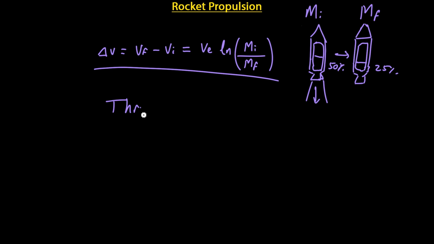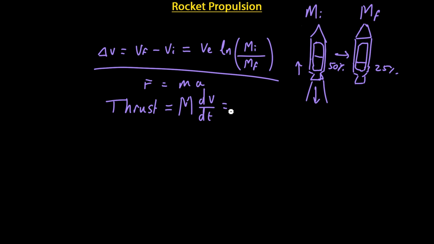But there's also another equation that we're going to look at, which is calculating the thrust or the force that the rocket experiences when it's ejecting material out the other end. So the thrust is equal to the mass of the rocket multiplied by the rate of change of velocity with time, or the acceleration. So that's force is equal to mass times acceleration. That's Newton's second law.